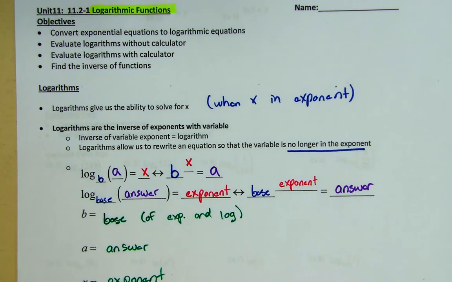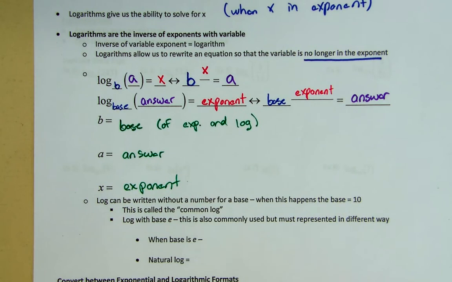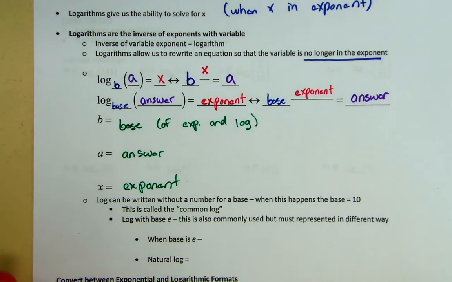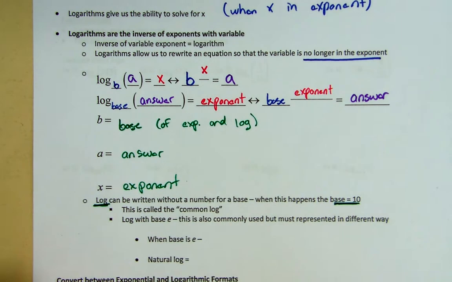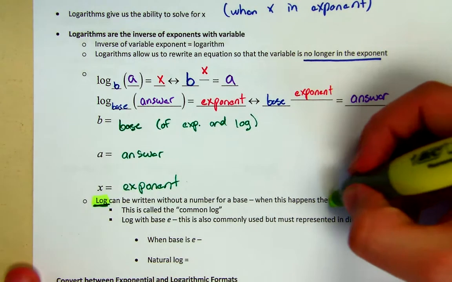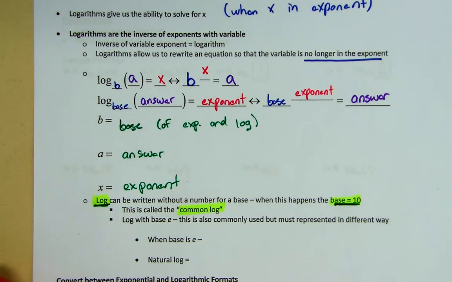So logs can be also written without a number for a base. When a log is written without a number for its base, it is base 10. Now, that's the common log. So log base 10 is the common log. We talked about that already in exponentials.